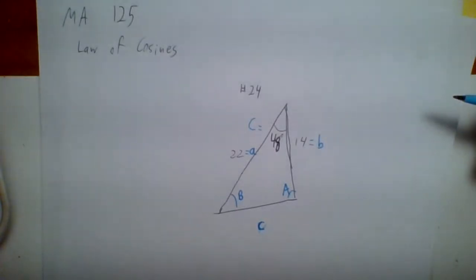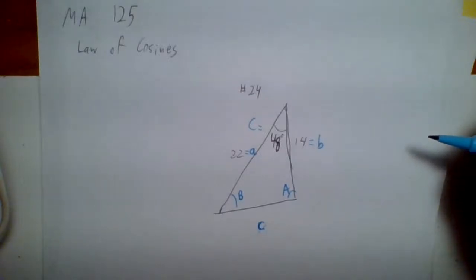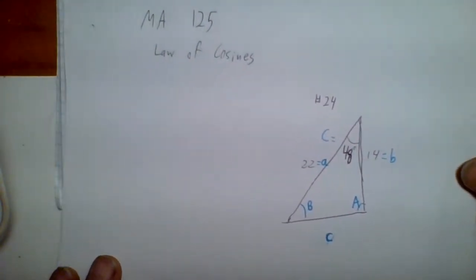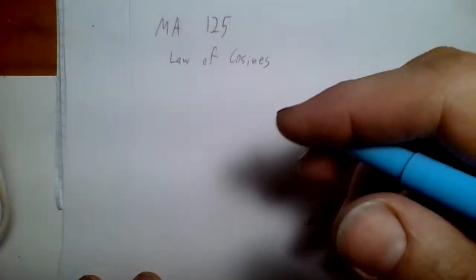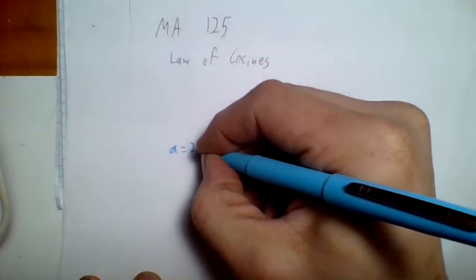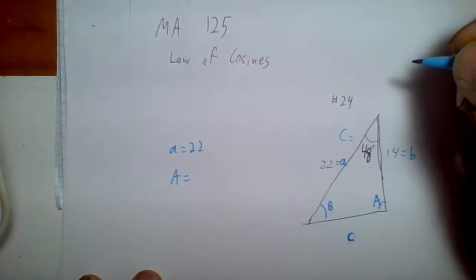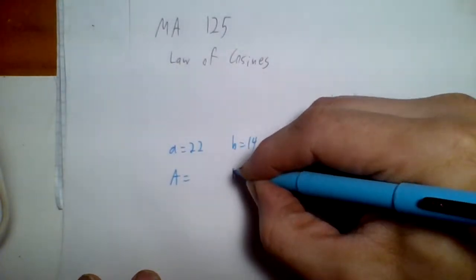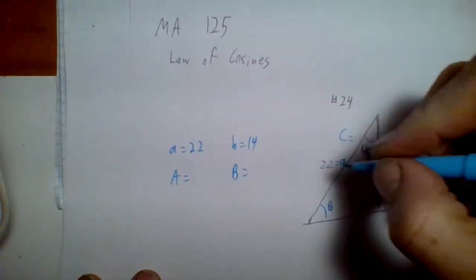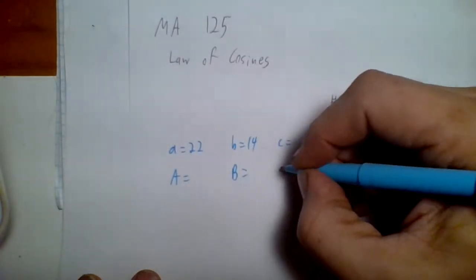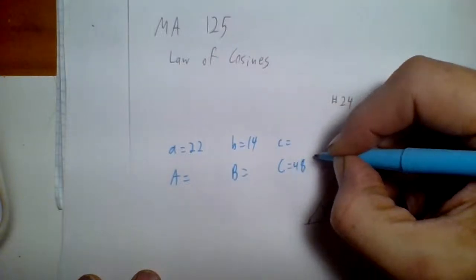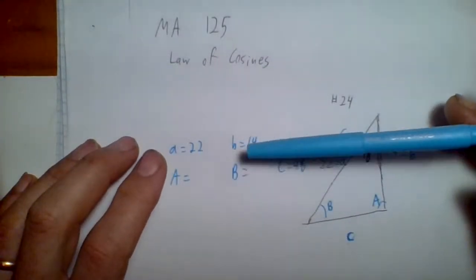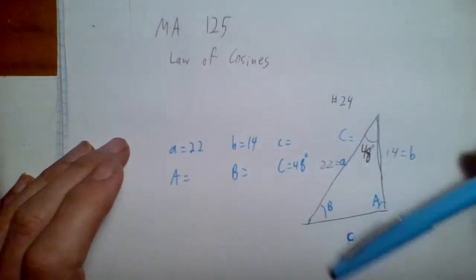But notice what we know and don't know about this one. If I tried to set up my law of sines, let me organize it over here, what we know and don't know. I like to make the little chart this way so everything kind of stays together. Angle A is unknown. Side B is 14. Angle B is unknown. Side C is unknown. Angle C is 48. If I tried to set up my law of sines with A's and B's, I got two unknowns in there.